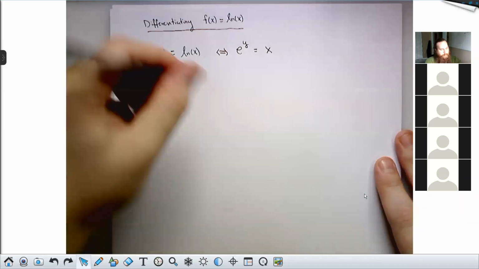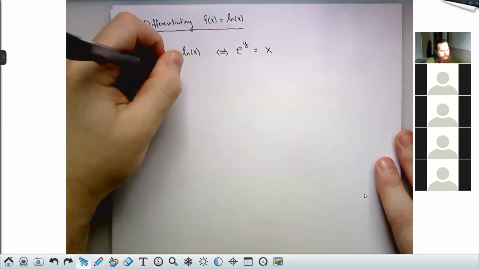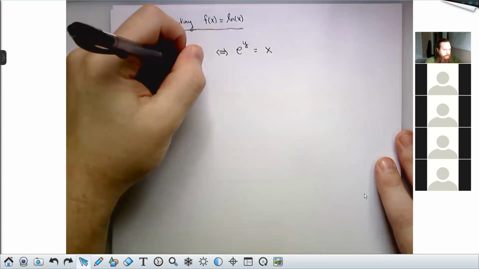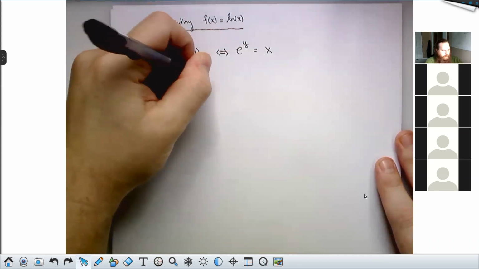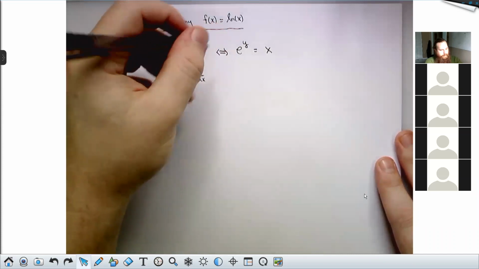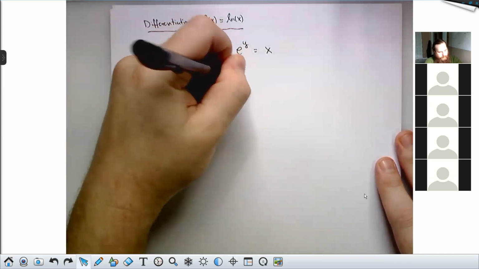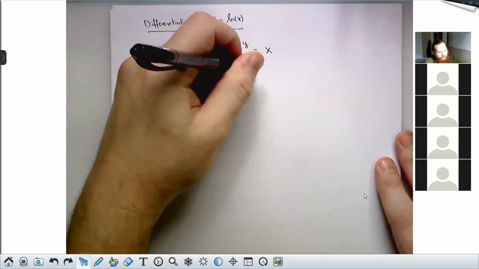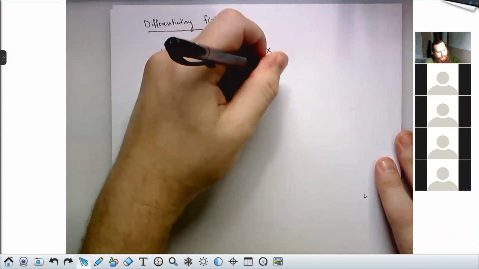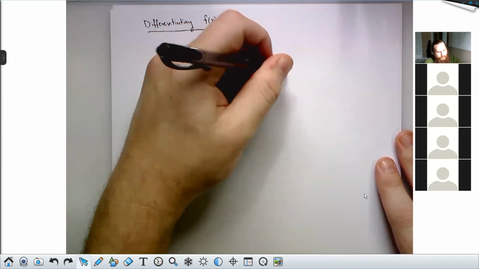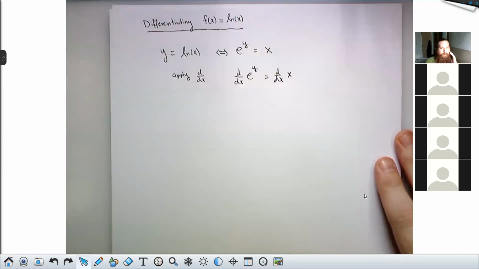And now I can apply the d/dx operator, and I get d/dx of e to the y equals d/dx of x.